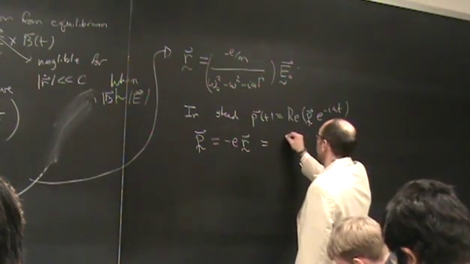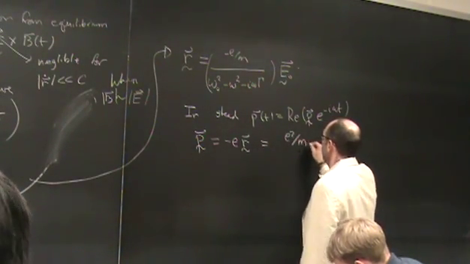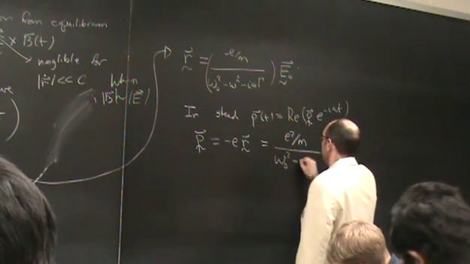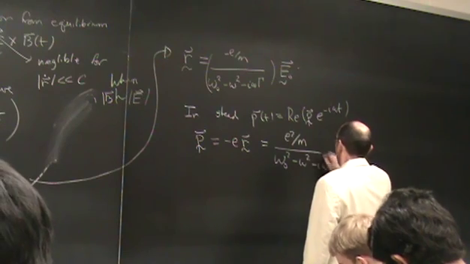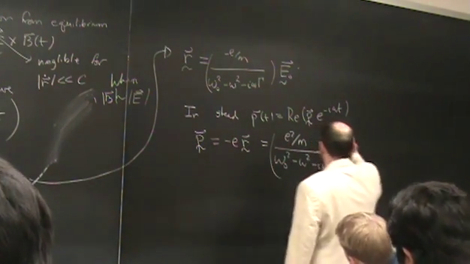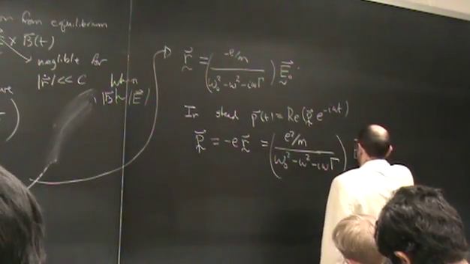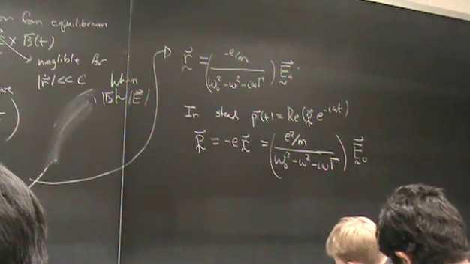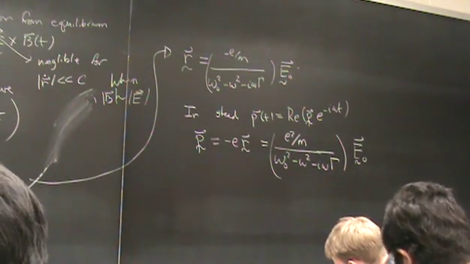And so that's then equal to e squared over the mass of the electron, over omega 0 squared minus omega squared minus i omega gamma, times E0 tilde. All right?